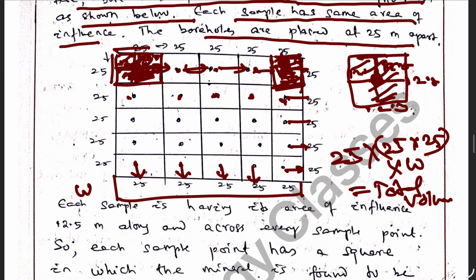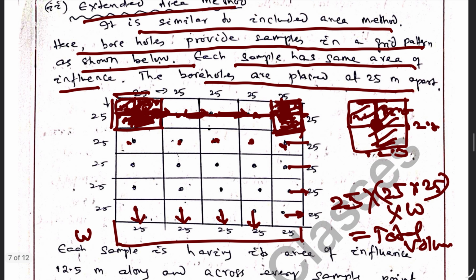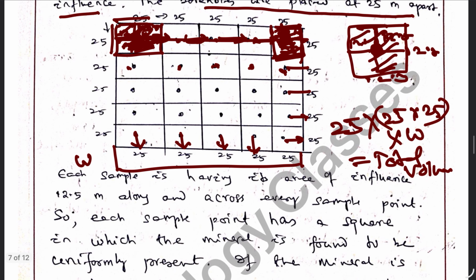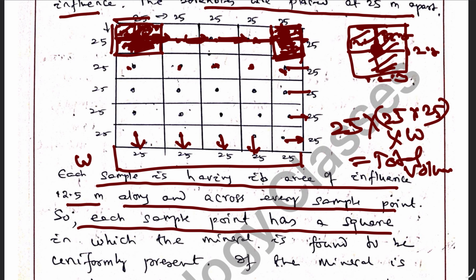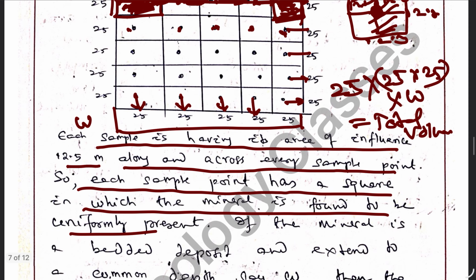As the area has been extended beyond the sample points, the method of calculation of volume here is described as the extended area method. So each sample has its own area of influence, 12.5 meters along and across every sample point. So each sample point has a square in which the mineral is found to be uniformly present.